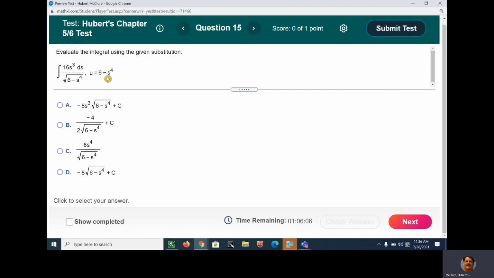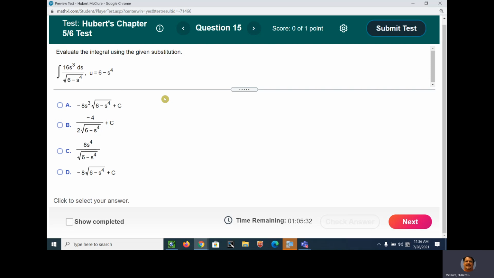Another u. Okay, that's going to be negative 4s ds, 4x cubed ds, and you got a 16 there. So you got to multiply that by 1/4 and multiply the outside by 4. And that's going to be du over u to the 1/2 power, which would be u to the negative 1/2 du.